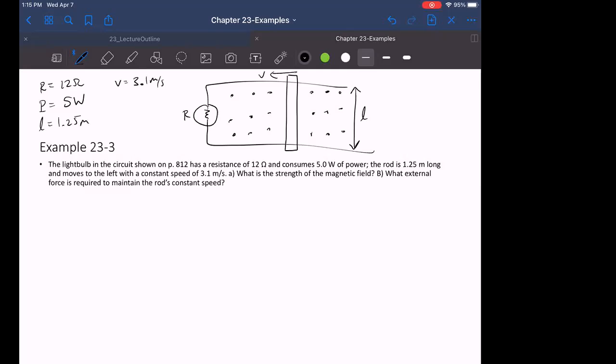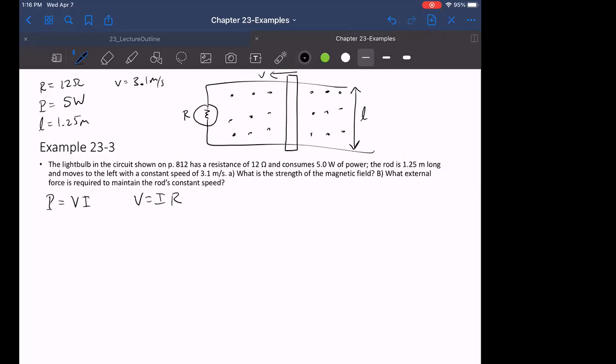All right, so we're getting a power of 5 watts. Some things we can think of: electrical power, P equals VI. We're probably going to need V equals IR. We also need to worry about what the changing flux is. If we know that we have this level of power and that level of resistance, we should be able to go through and work with this some.